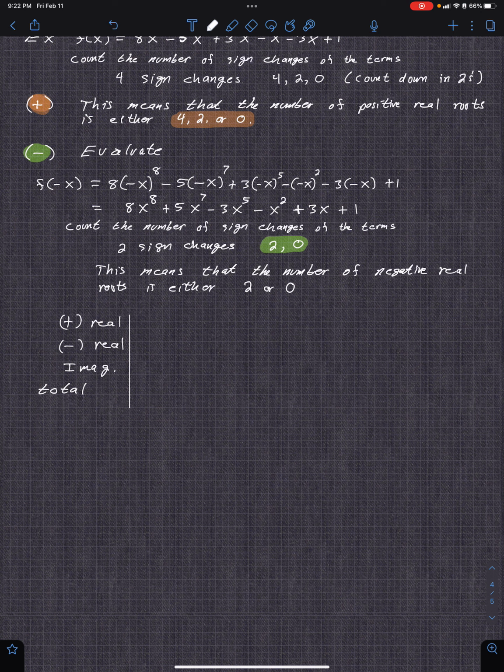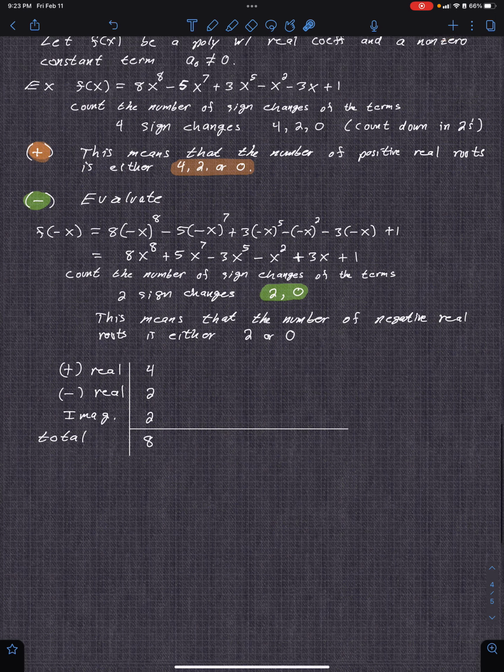Now we do all the possibilities. Suppose there are 4 positive real roots and 2 negative real roots. Then how many imaginary roots must there be? There must be 2, because the total must always add up to 8.